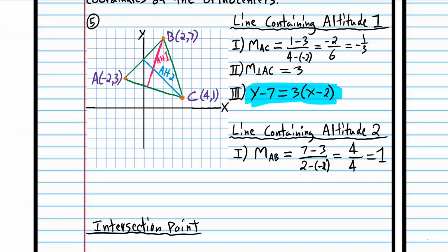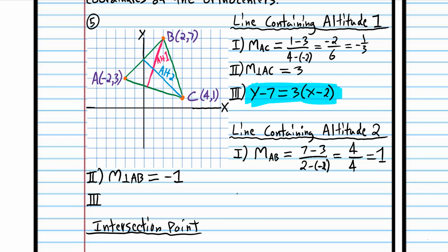And then we're going to find the slope of the line perpendicular to AB, and that's just the negative reciprocal. Now this 1 can be written as 1 over 1. If we flip it, you just get 1 over 1 again, so it'd just be 1, but you do have to change the sign.